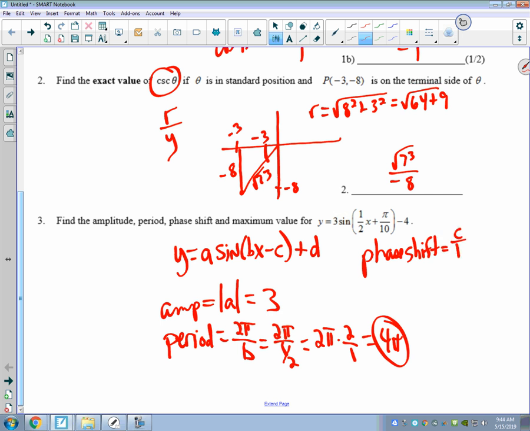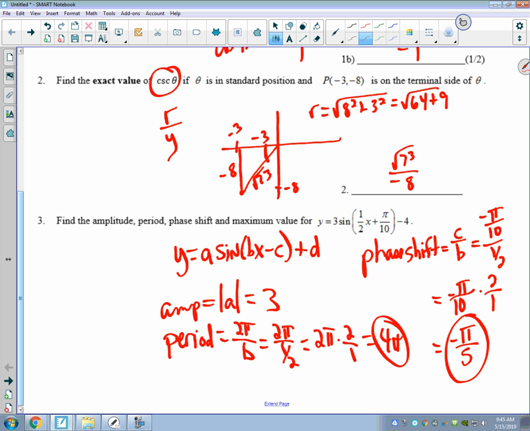Phase shift is c over b, but remember, it's the opposite sign of what's in here because it's like a horizontal shift. So this is really negative pi tenths divided by 1/2. And again, don't try to do it in your head. Dividing by 1/2 is the same as multiplying by 2 over 1. So that's really negative pi fifths.